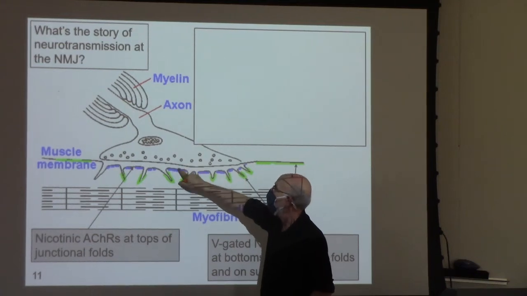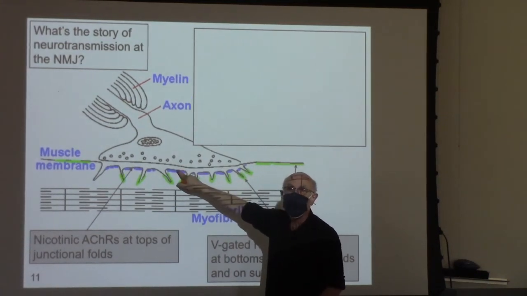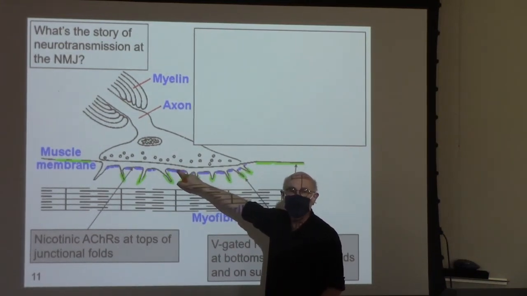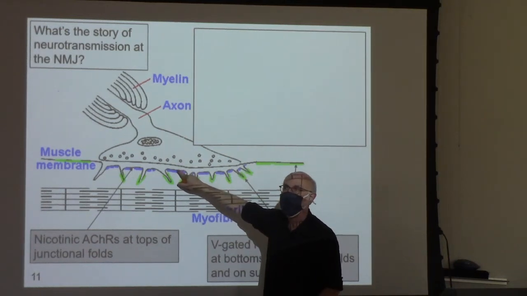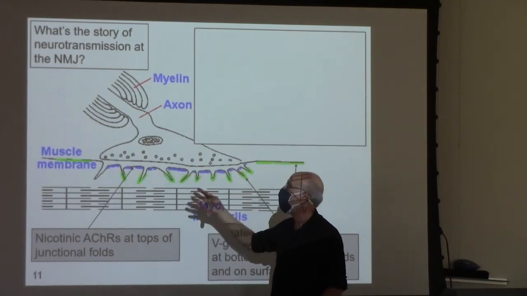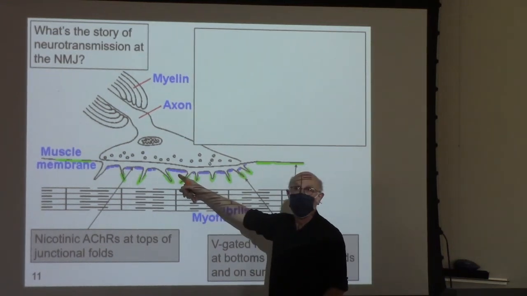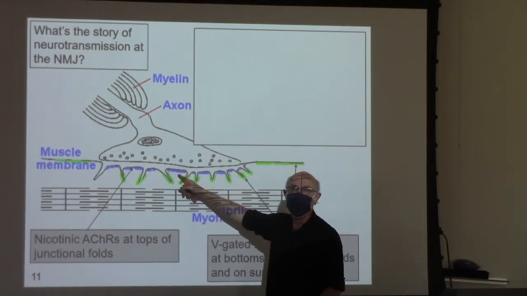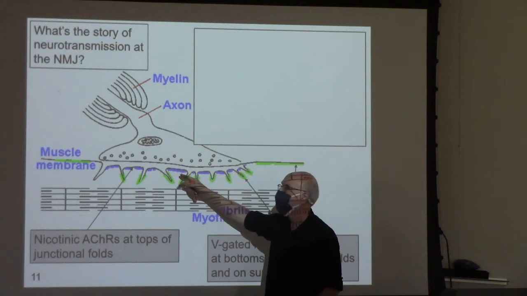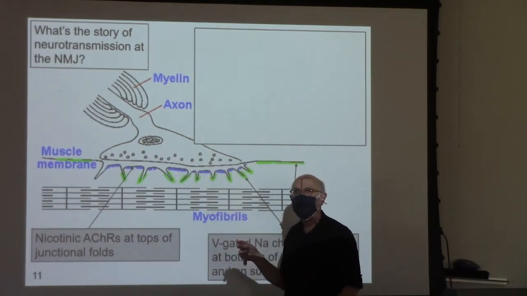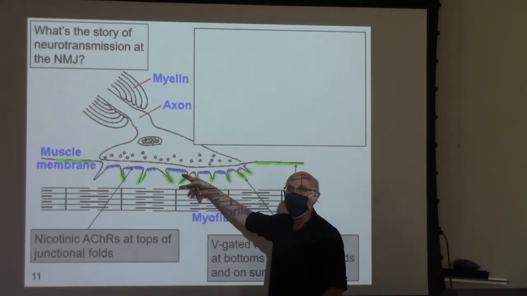So acetylcholine diffuses, binds, activates nicotinic receptors. What happens then? What's next? Single word, begins with a D. Depolarization. Sodium influx through nicotinic receptors, depolarization of the muscle cell.